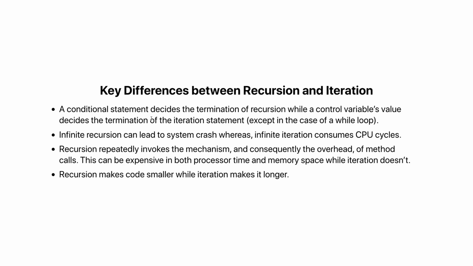Really quickly, here are some of the key differences. We've already kind of talked about some of this. A conditional statement decides the termination of recursion, while a control variable's value decides the termination of the iteration statement.